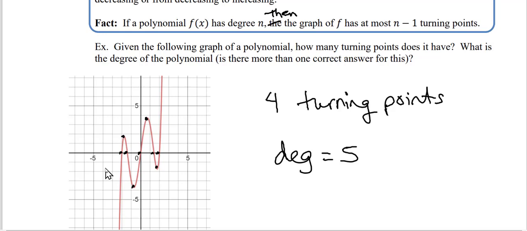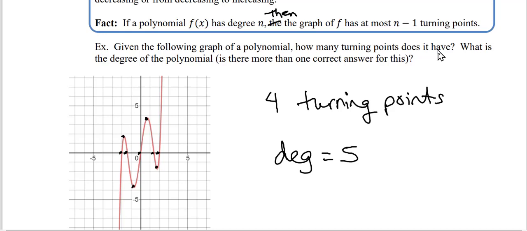It could have a higher degree than that, because notice it says, for example, if the polynomial has degree 6, then it has at most 5 turning points. So it could have fewer turning points, but 5 would be the most if the degree was 6.